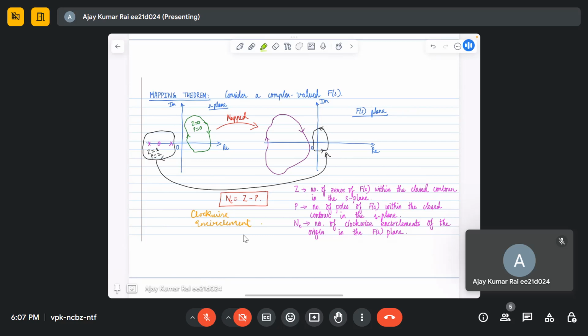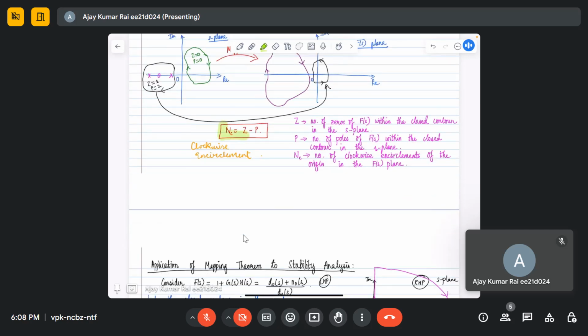Just put different values of S and you will get f of S. If you take the closed contour, then in the f of S plane also you will see a closed contour. These two contours are not the same, but it's a very important thing.